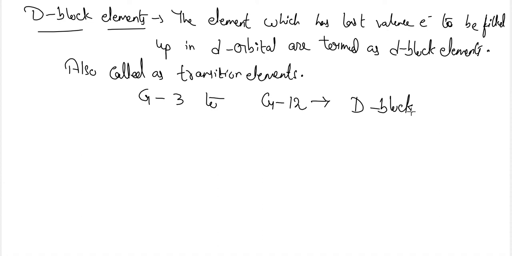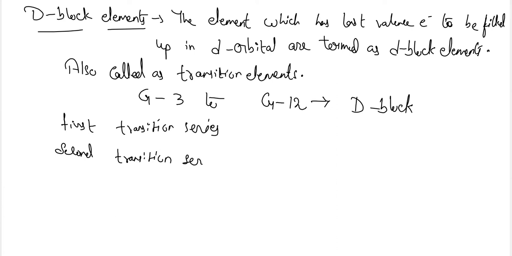The D block comprises three complete rows of 10 elements, and those rows are termed as the first transition series, second transition series, and third transition series. Each of the three transition series contains 10 elements.